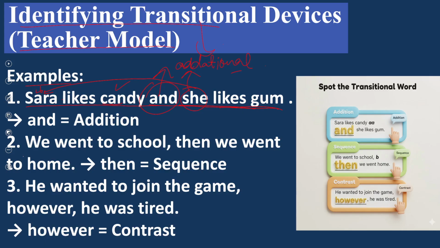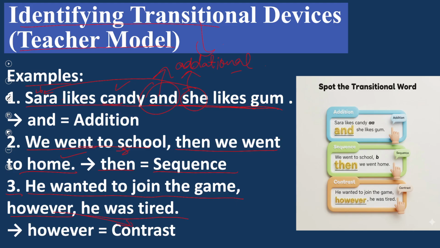And example number two: we went to school, then we went home. This is a sequence of order. First, we went to school, and then we went home. Good. Then is telling about sequence. And example number three: he wanted to join the game. However, he was tired.